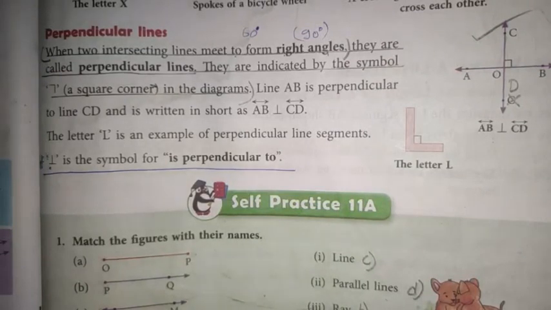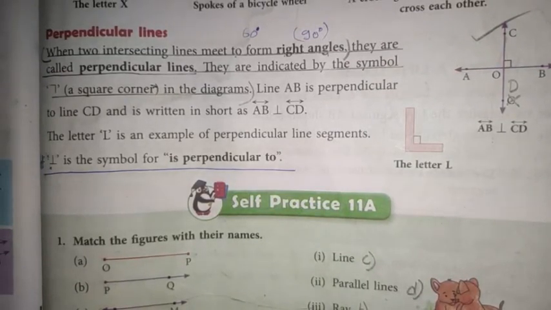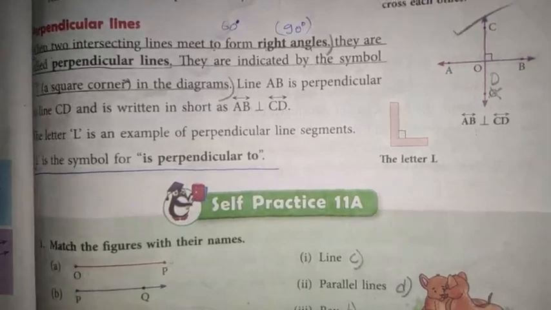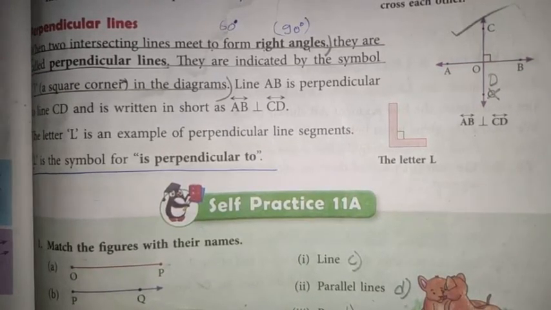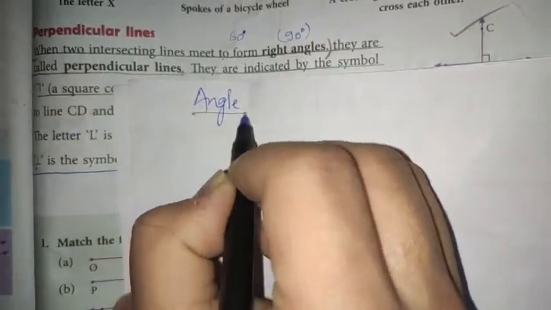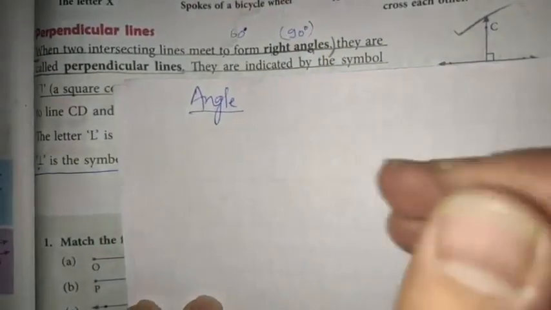Right angle means 90 degrees. If it is less than 90 degrees, then it will be considered an acute angle. Alright, let me explain this one by one. This is a very important part. I will explain angles in the later part also.